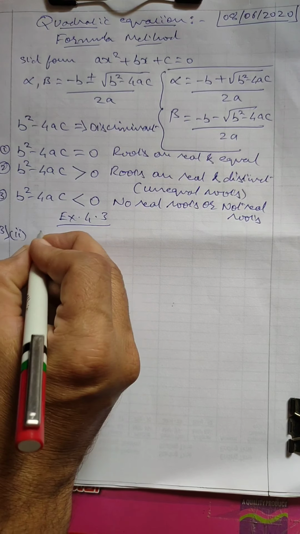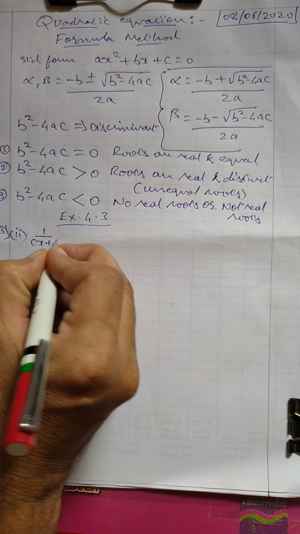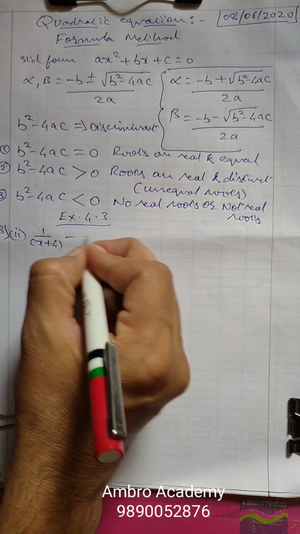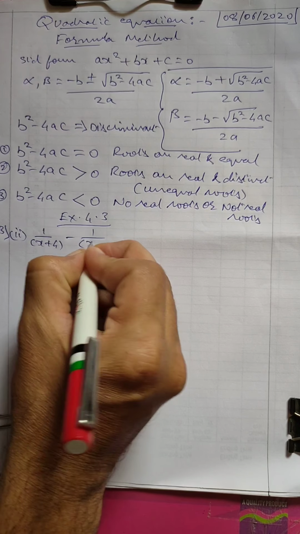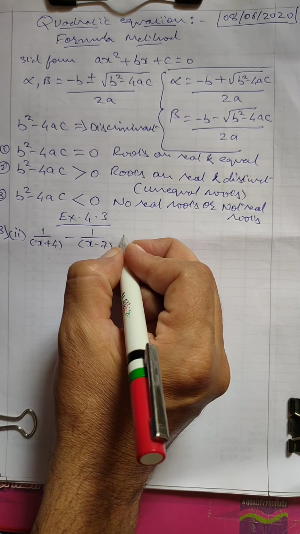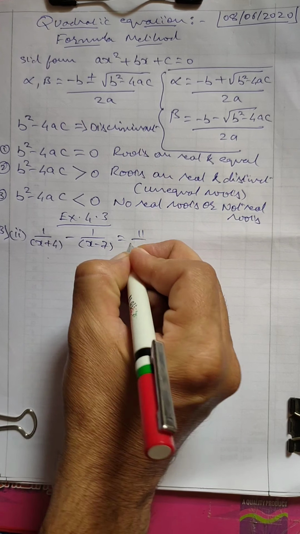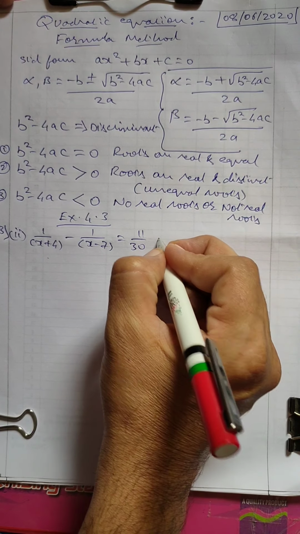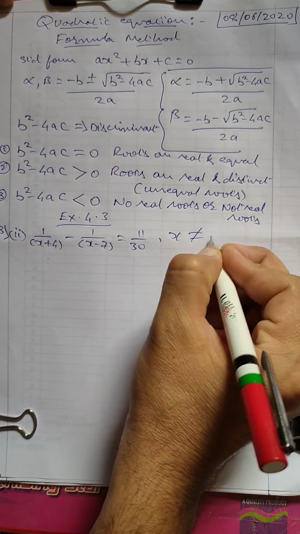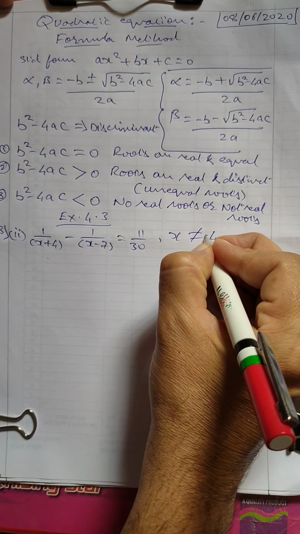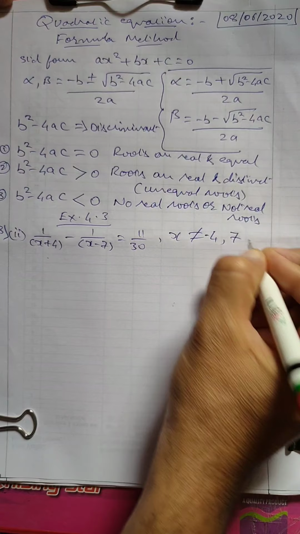What they have said: 1 upon x plus 4 minus 1 upon x minus 7 is equal to 11 upon 30. They have given that x is not equal to -4 and 7.